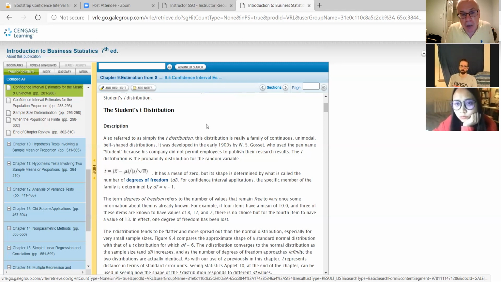Now, if the sample size n gets large, then it starts approaching the z-value. It gets close to it, but it will never be equal to the z-value, and it will never ever be less than the z-value. It'll always be bigger.